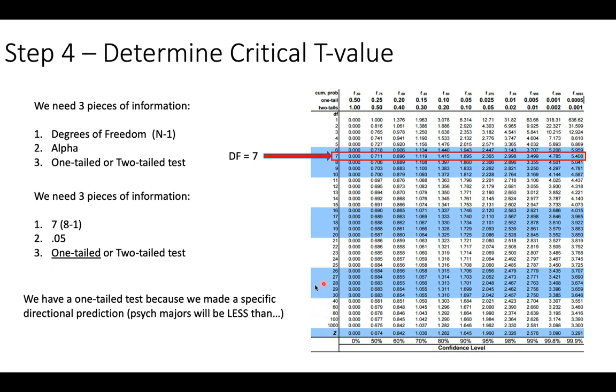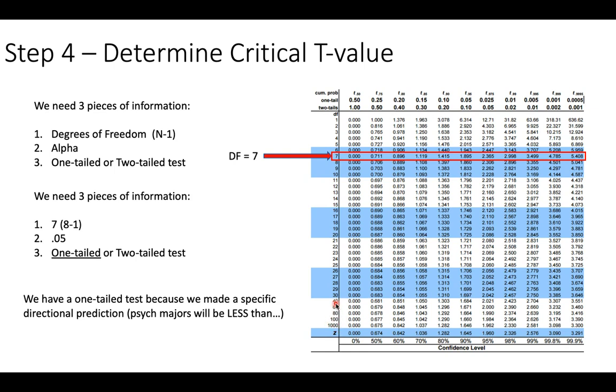If you end up with a degrees of freedom that is not on this table, let's say 47, it's between 40 and 60. If it is not exactly on this table, then you move up the table to the next number. So if you had 47 degrees of freedom, you would just use the row of 40. If you had 32, you would use the row of 30. If you had 500, you would use the row of 100.